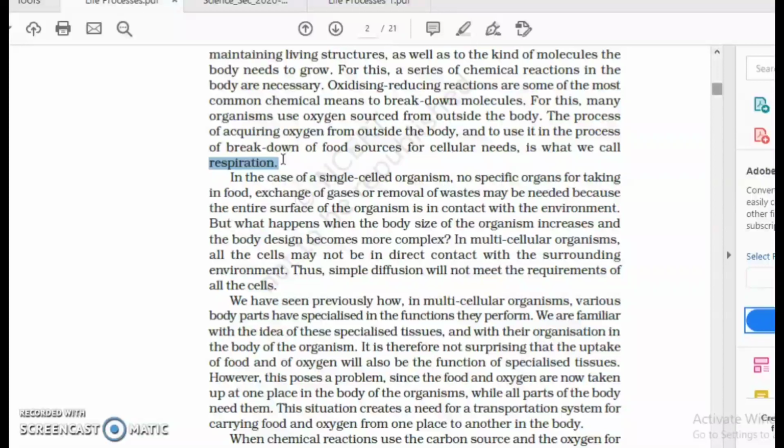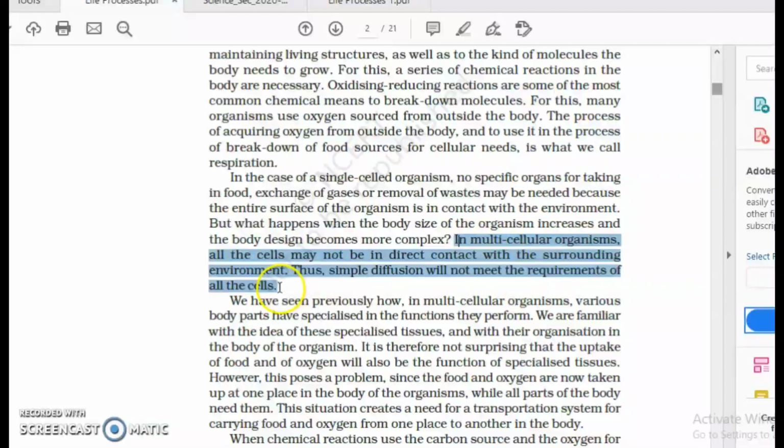They are made up of a number of cells, and those cells have organized themselves into a number of tissues, tissue systems, organs, organ systems, and finally the organism. So this is a very complex body design. In this case, every cell of a multicellular organism's body may not be in direct contact with the surroundings.